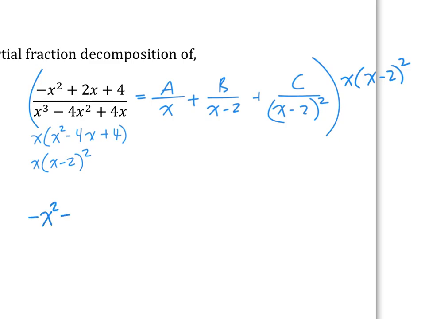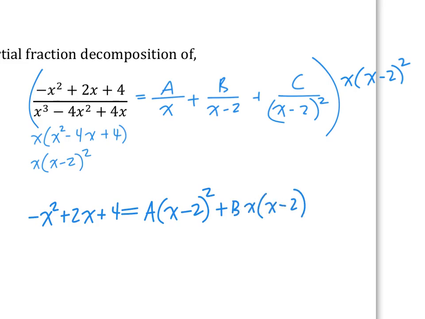So negative x squared plus 2x plus 4 equals, if you distribute it to the A over x term, what cancels? The x. So we have leftover, correct. Okay, plus, in the B term, Bx, x minus 2.